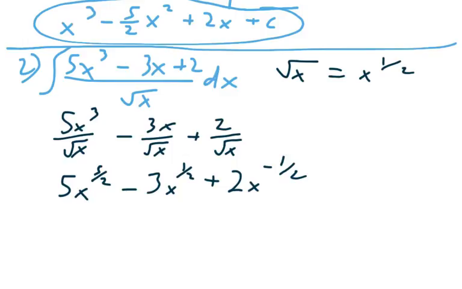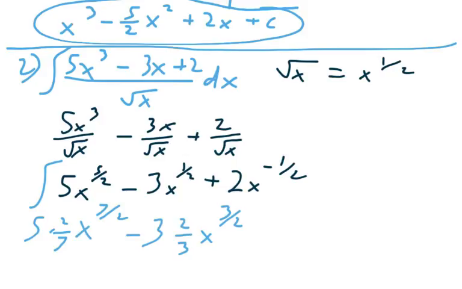So in each one of these terms, when I take the antiderivative, I add 1 to the exponent, and I have the reciprocal in front. Let's see, this becomes 3/2, so I put 2/3 in the front, and then this becomes 1/2, and so I put 2 over 1 in front.